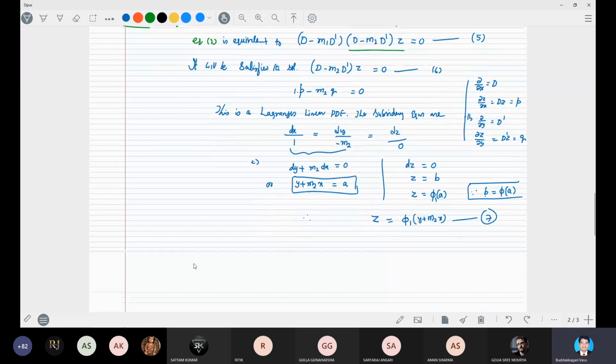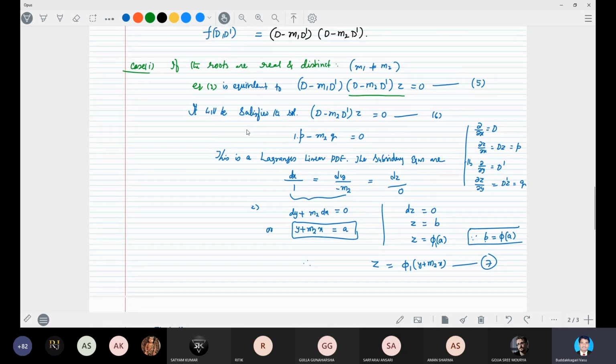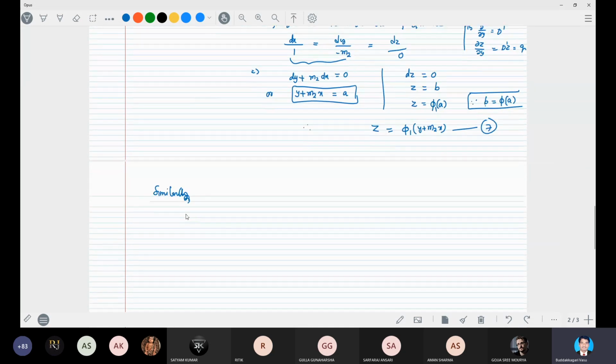Similarly, from this we considered this part would satisfy, and from this we may take this part also satisfies, right?